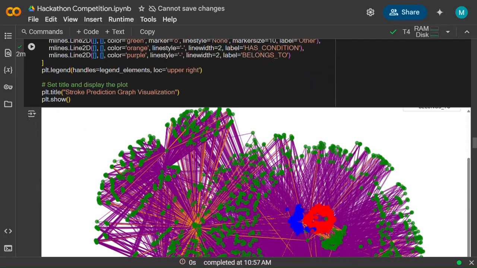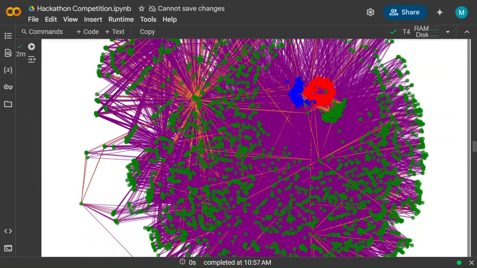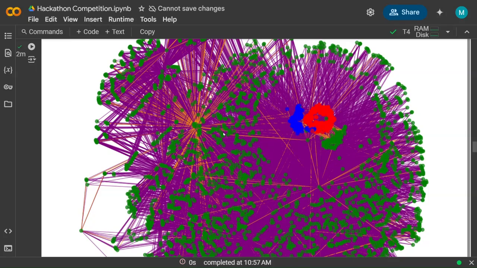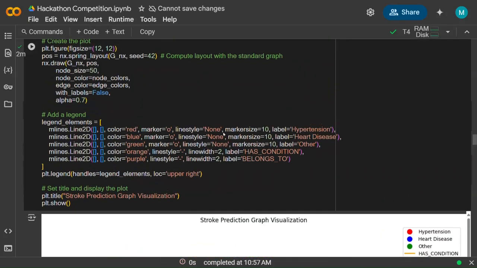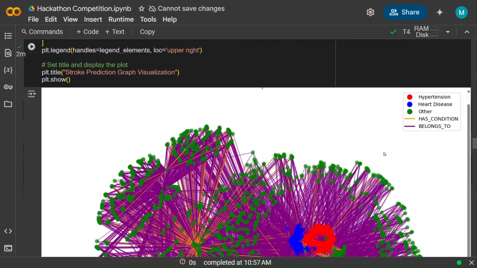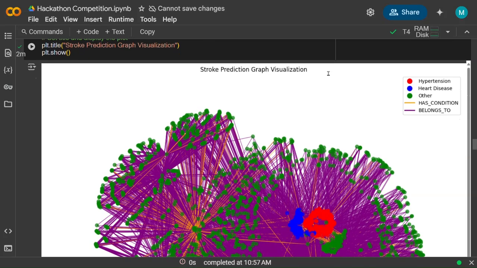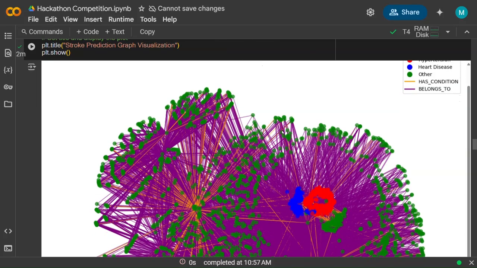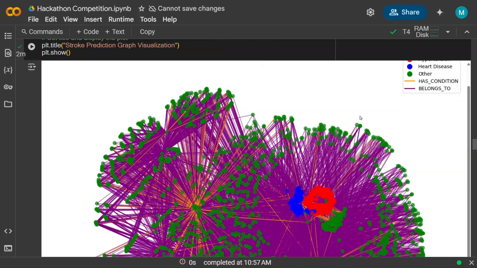From here on, this is the data that I have imported. There are many columns in the strokes data, right? Many people are facing heart attacks and strokes. So these are the conditions. The edges are belongs to and has conditions.